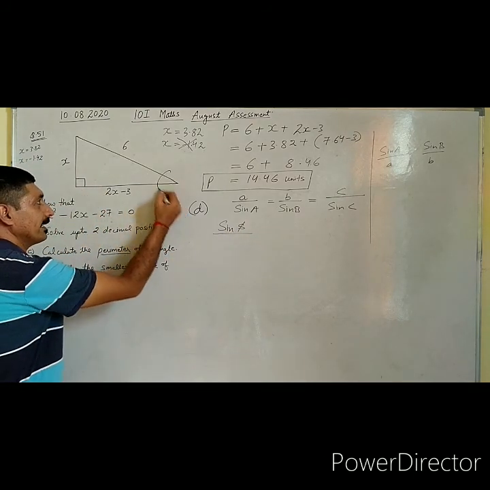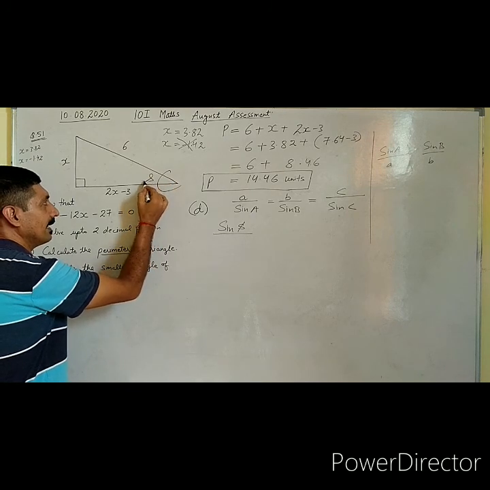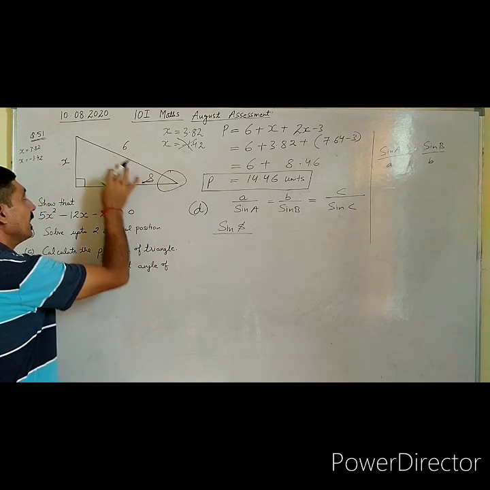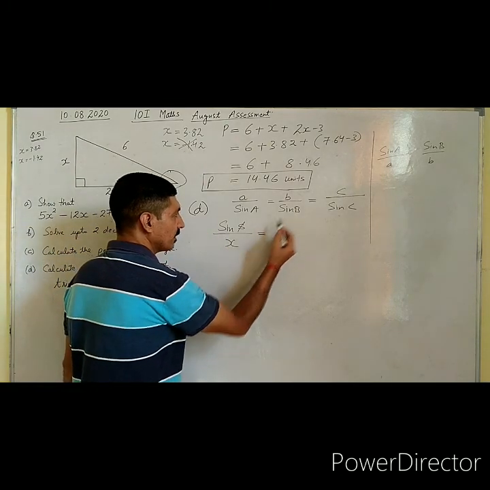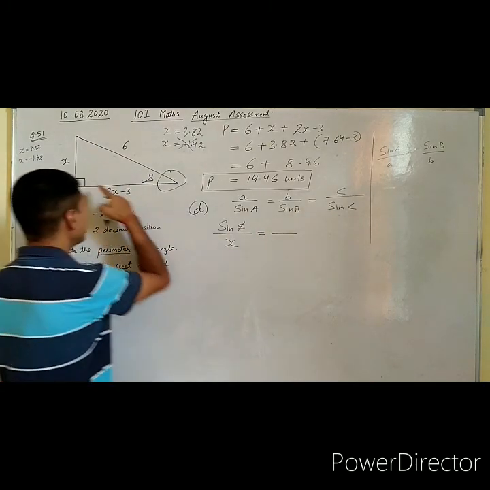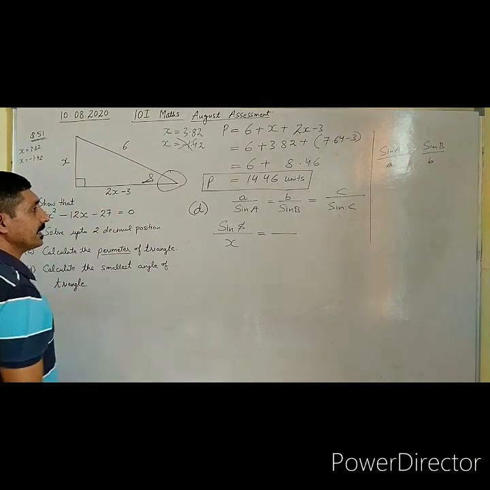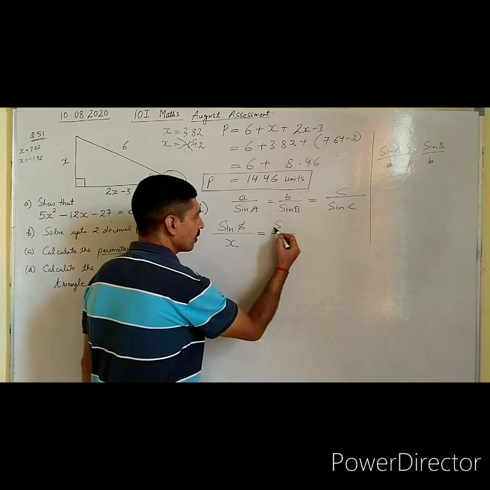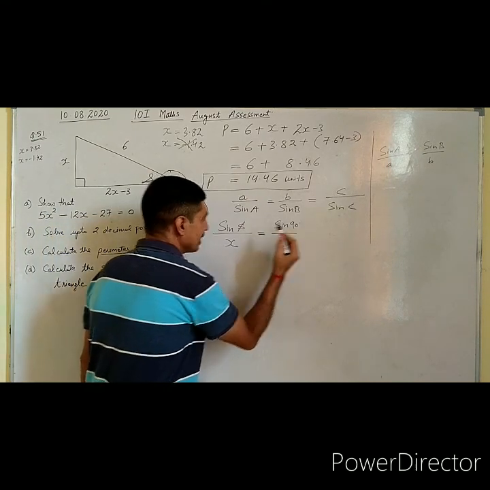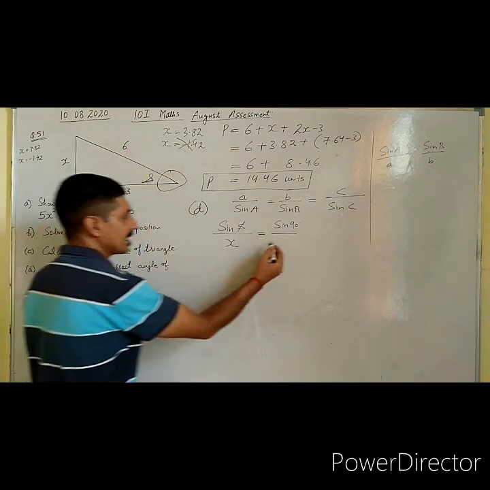This is the small angle s, and the side opposite to it is x. We can take one angle that is 90 degrees, and the side opposite to it is 6.